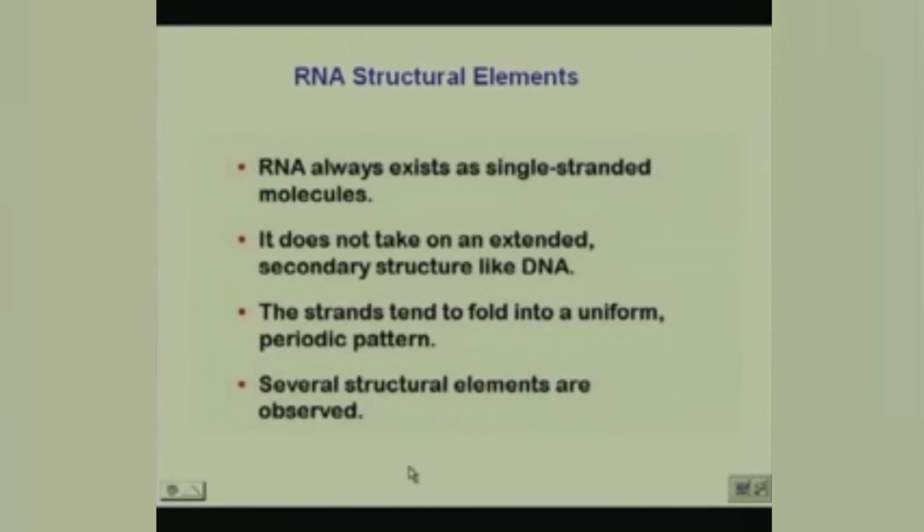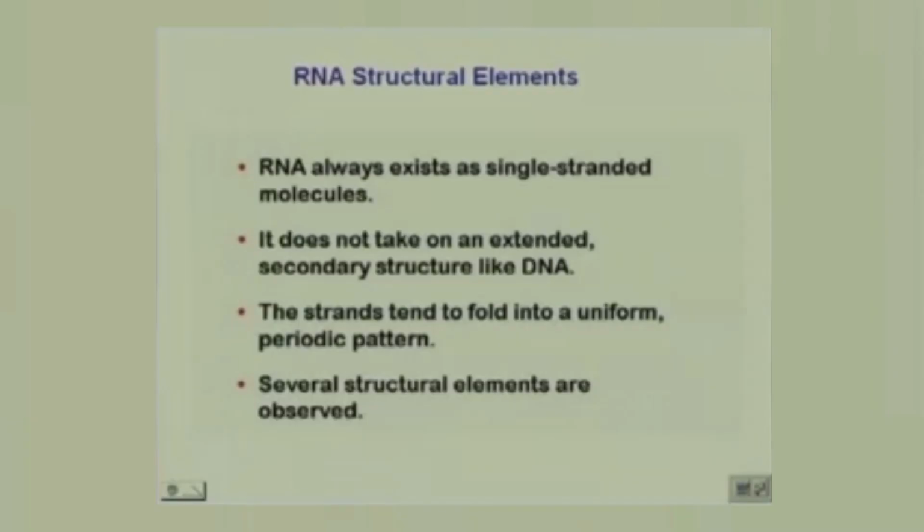Okay, now RNA. Considering that the DNA structural aspects we always have as a double helix, in RNA it exists as single stranded molecules. These single stranded molecules usually do not take on an extended secondary structure like DNA in the form of a double helix.